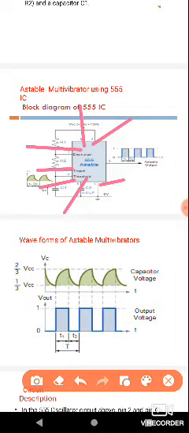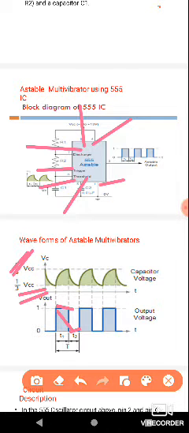This is the waveform of an astable multivibrator. We already know the 555 characteristics. Whenever the input voltage is greater than 2/3 VCC, the output switches from high state to low state. Whenever the input voltage is lower than 1/3 VCC, it switches from low state to high state.